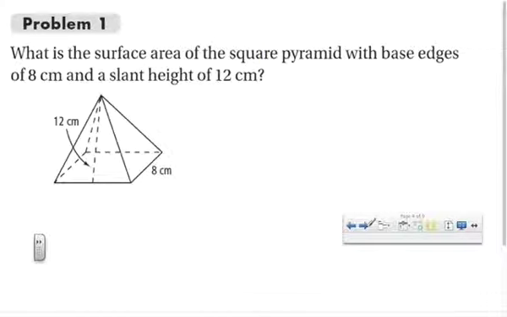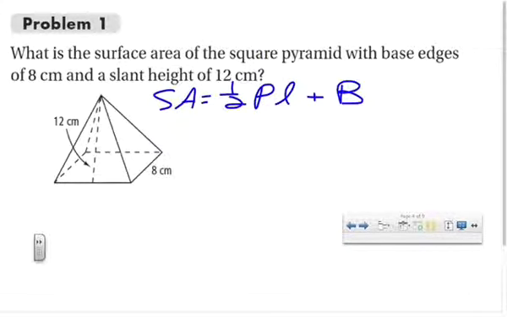So in problem 1, we're asked for the surface area. Our formula is 1/2 PL plus B. Looking at the figure and where the markings are, do I have everything I need to just plug into the formula?